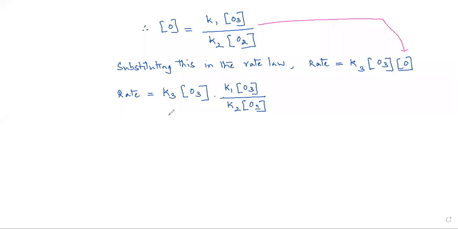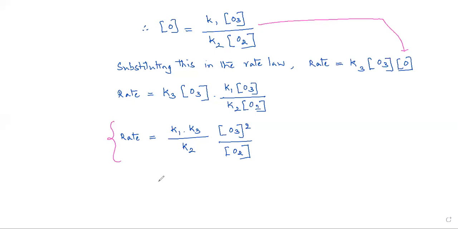Now the final expression can be written as rate is equal to K1 into K3 by K2 into O3 square by O2. So if this O2 is taken into the numerator, it will become O2 to the power minus 1, right? This is the final rate expression.